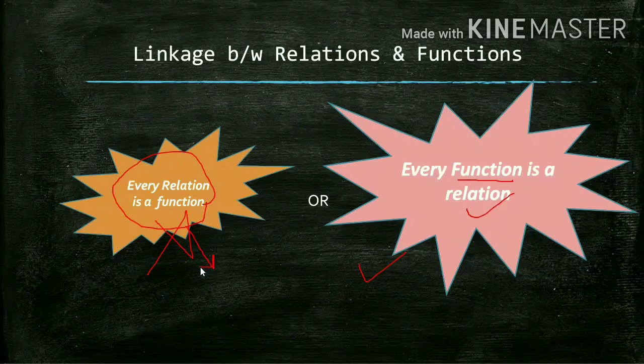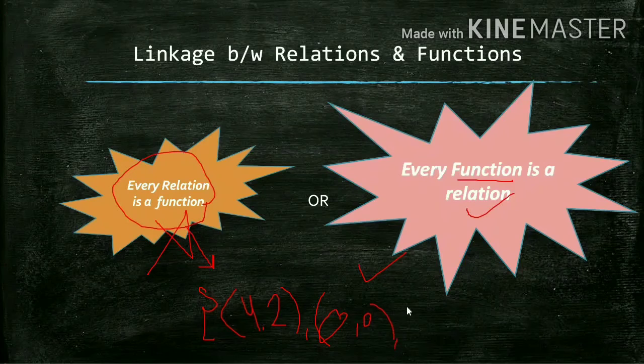Now, in the starting, I considered an example. You remember? I considered the pair, like if I remember, 4, 2. Let us take 0, 0 and one more pair, 4, 3.